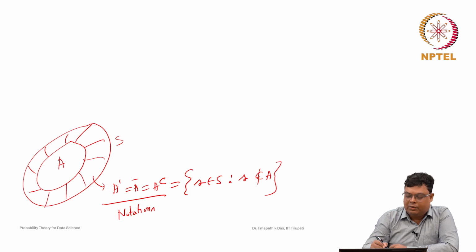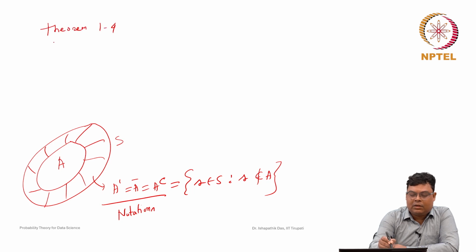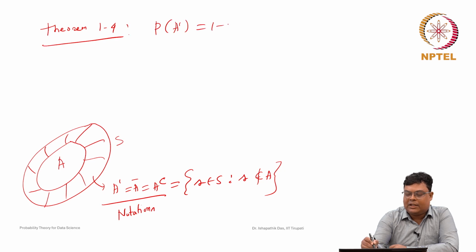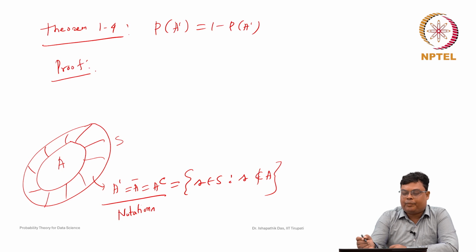Now, if you use A dash, theorem 1.4 says that probability of A dash, the A complement, is nothing but 1 minus probability of A. How to prove that? We can use the relation that A union A complement is S, and A intersection A complement is phi.